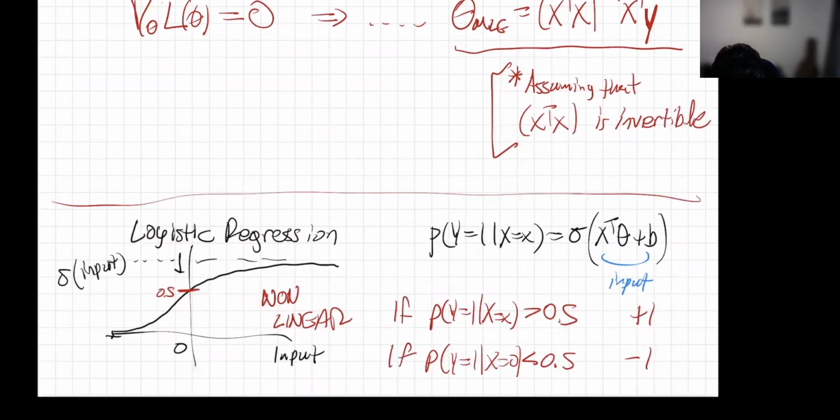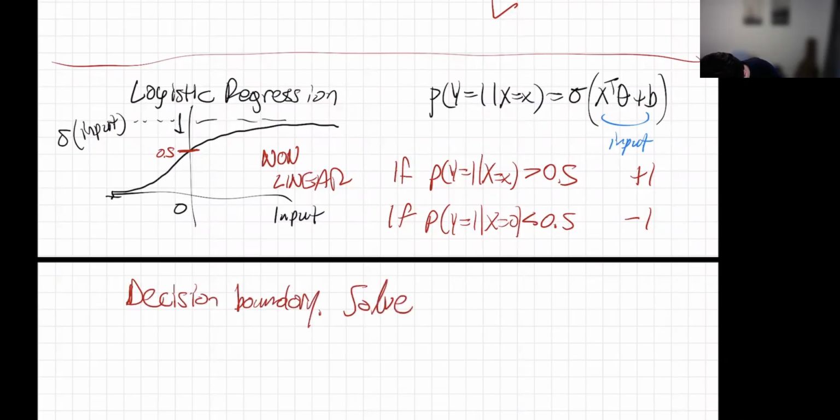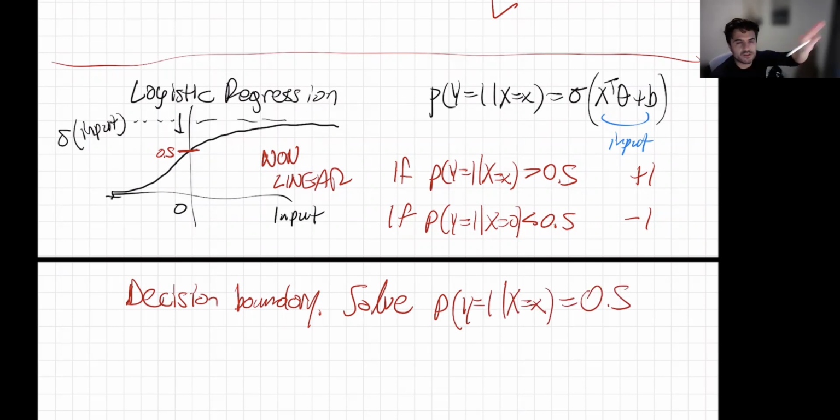And now, what's the decision boundary? In order to get the decision boundary, we have to take the value of the threshold and just solve this equation. It's basically everything that falls on the threshold, where we're in between the two classes.